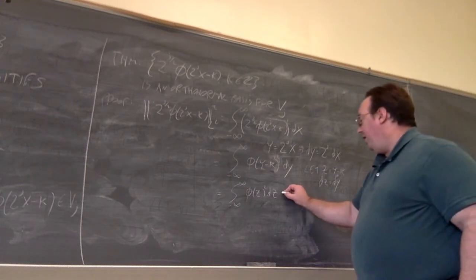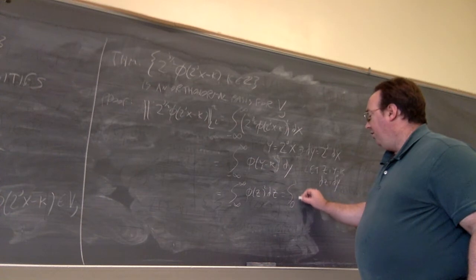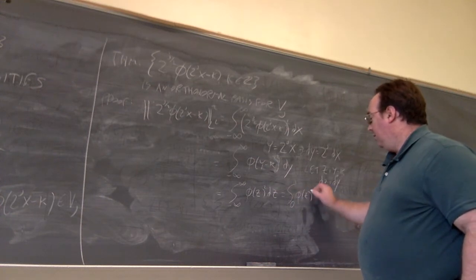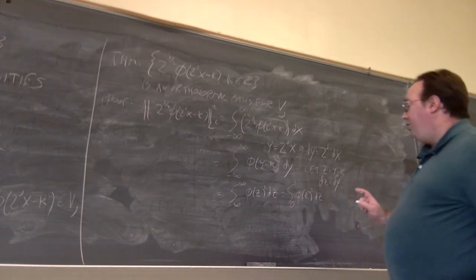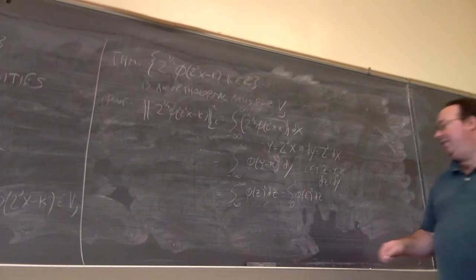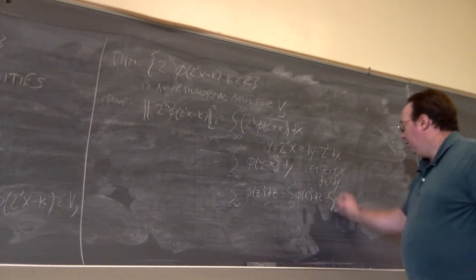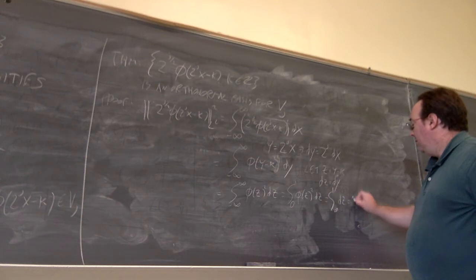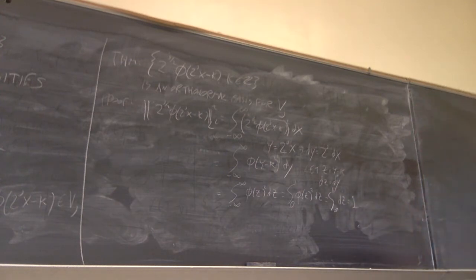So that cuts my interval of integration to 0, 1. But on 0, 1, phi is equal to 1. So I get 1. So each of these functions has a unit L2 norm. That's one condition needed for orthonormality.